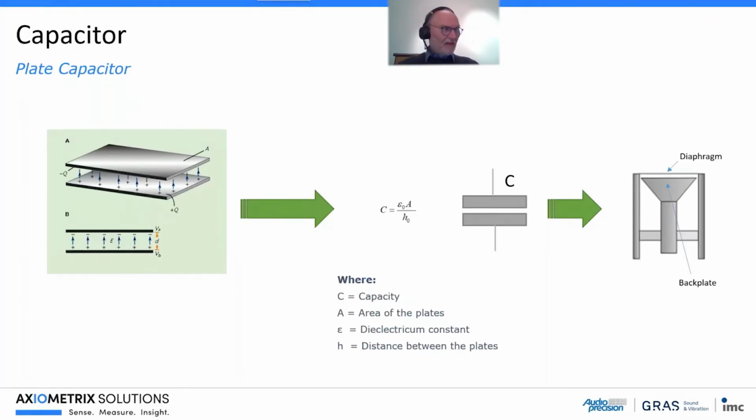When I'm speaking, as I'm doing now, if I have a microphone in front of me, the diaphragm of this microphone will move. And when the diaphragm is moving, the capacitance will change. The capacitor will change its capacitance. So we actually have a variable capacitor.